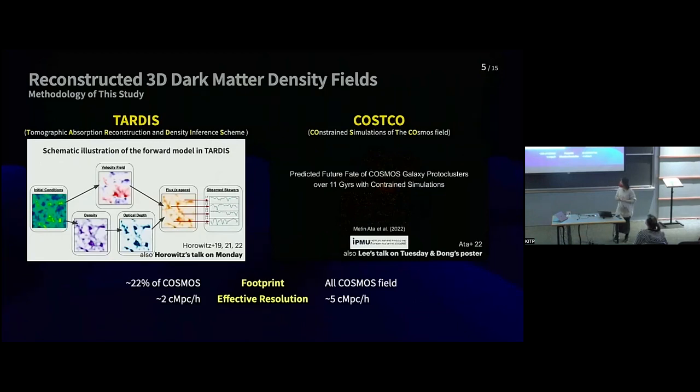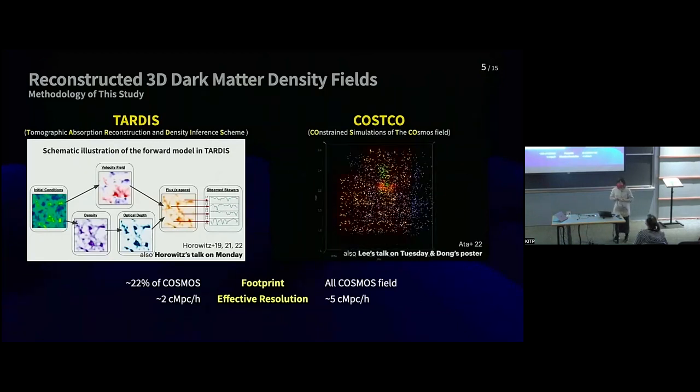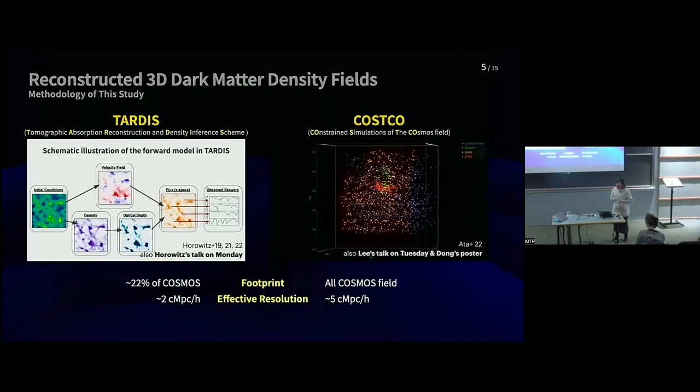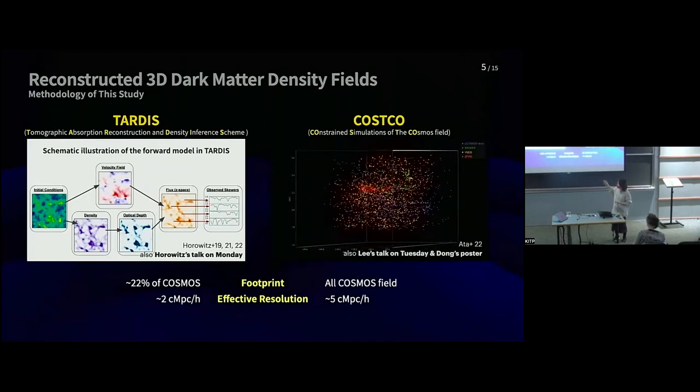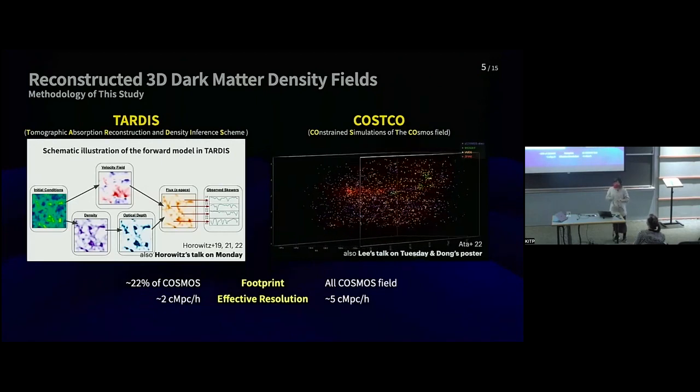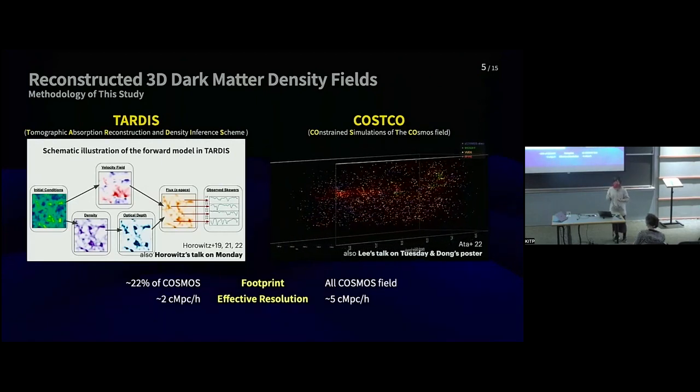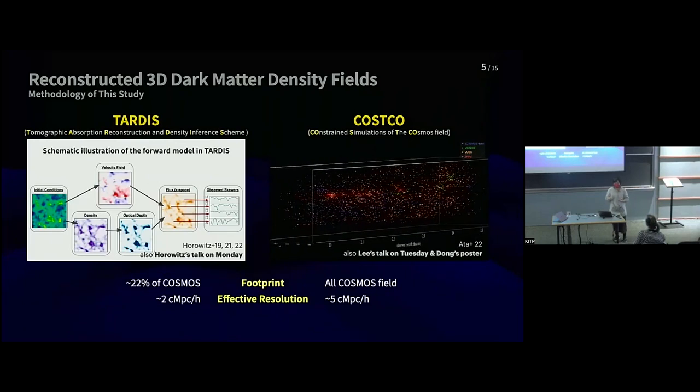For that purpose, in this study, we use two matter density maps, namely TARDIS and COSMO. Those two reconstruct the density field in the COSMOS field at redshift 2.